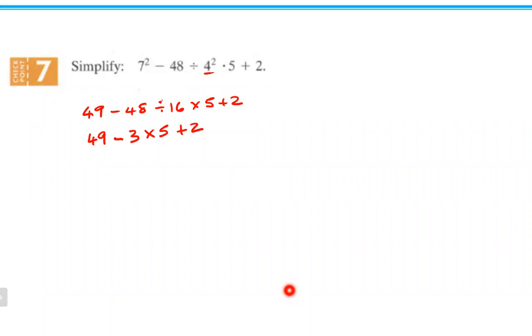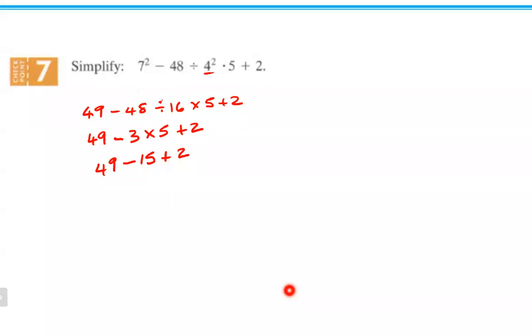Let's go now to the next thing. Multiplication. Okay, it's 49, so 3 times 5 is 15. Okay, next step.